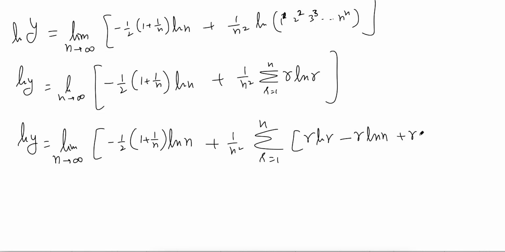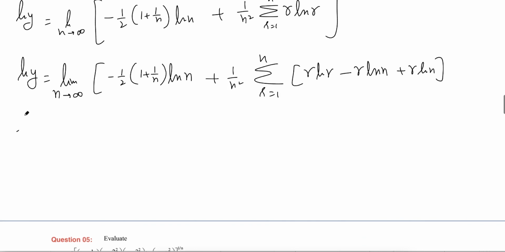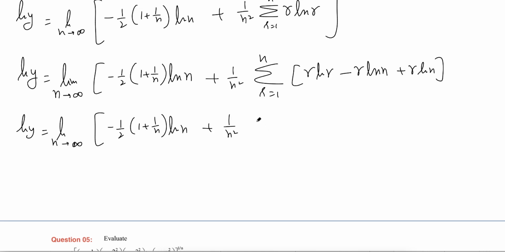And I will add also r ln n. So ln y is equal to limit n tending to infinity minus 1 by 2, 1 plus 1 by n, ln n plus 1 by n square, watch, sigma, these two combine it, r into ln r by n, and this one n I will send inside.